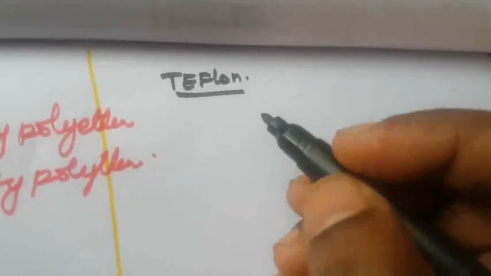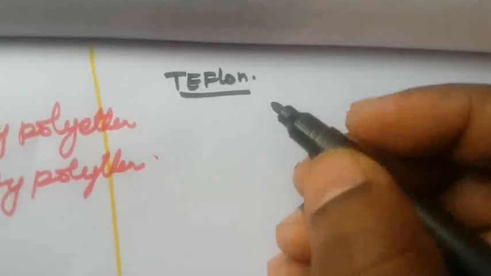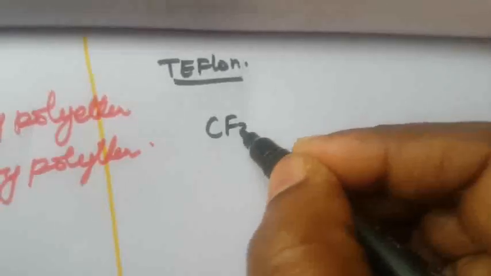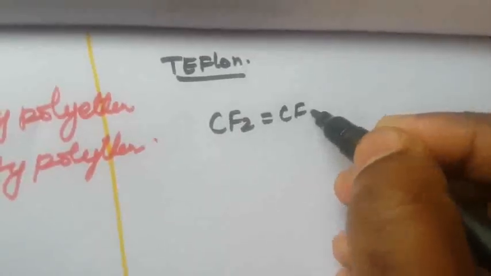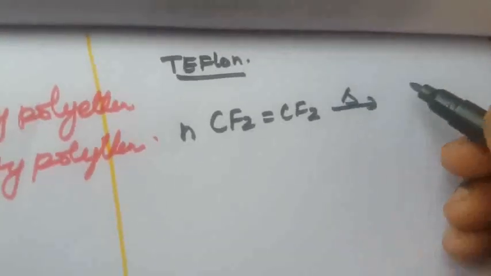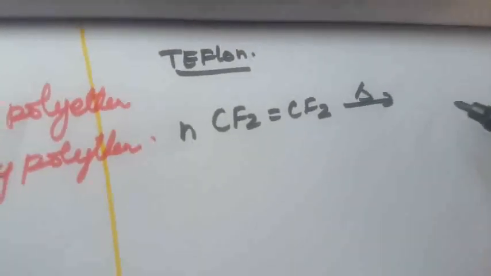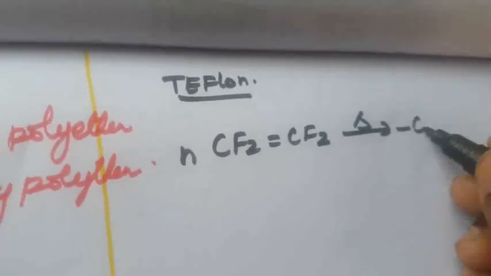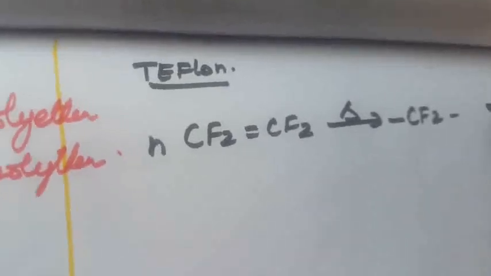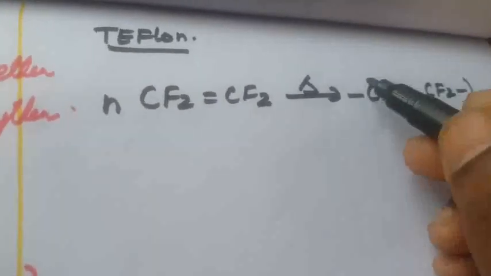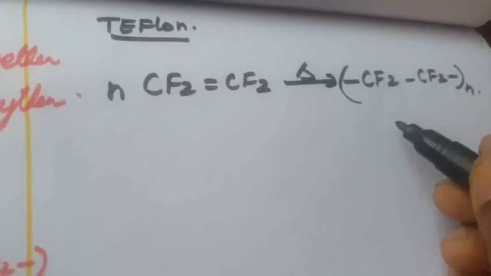The monomer is tetrafluoroethylene, CF2=CF2, n times, when heated. The double bond will be removed and a single bond obtained, that is CF2 n times. This is called Teflon.